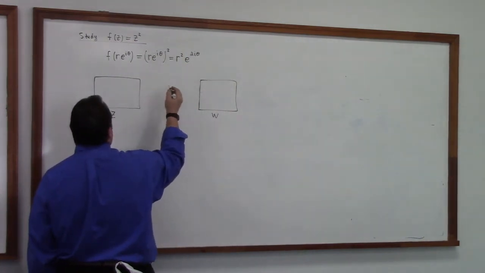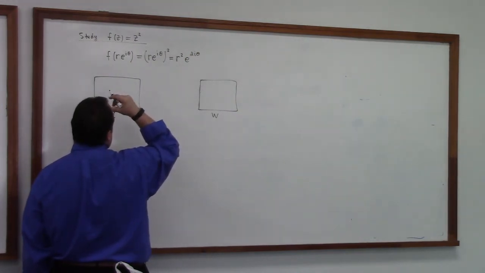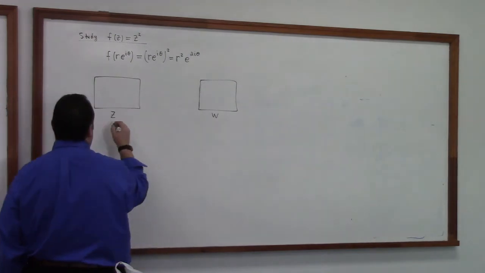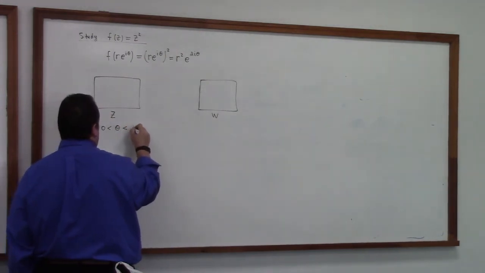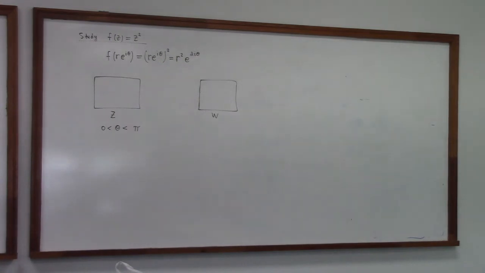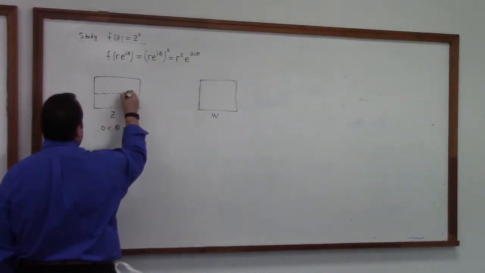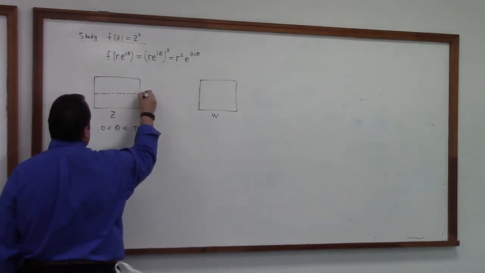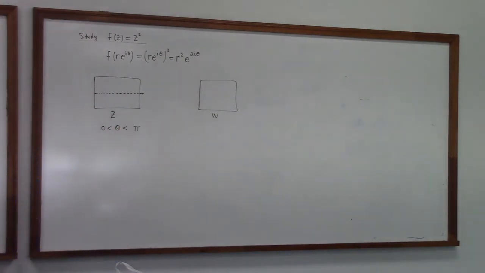For instance, we could suppose that 0 is less than theta is less than pi in our domain. So what would that be? Where would this be geometrically if theta is the standard angle?